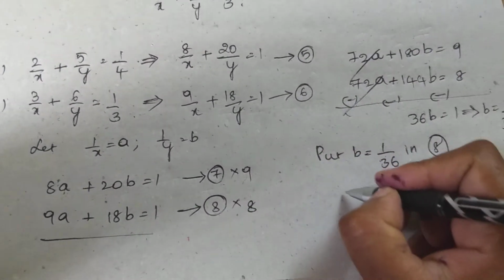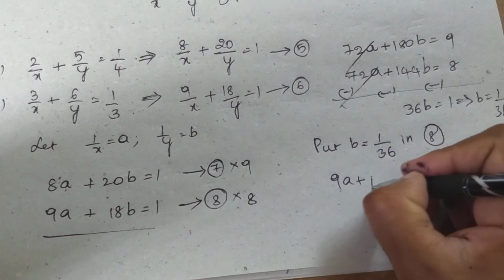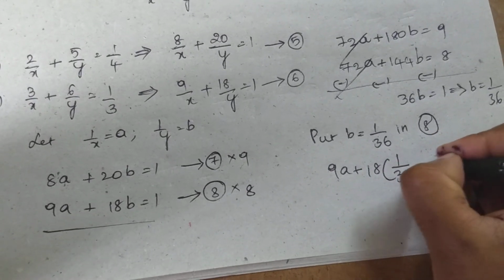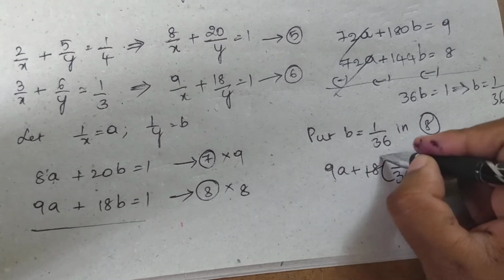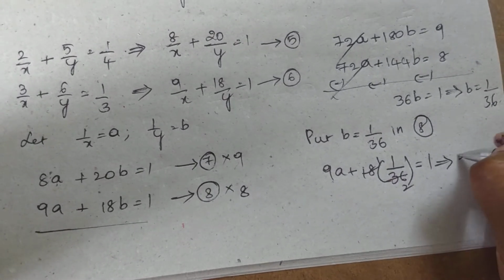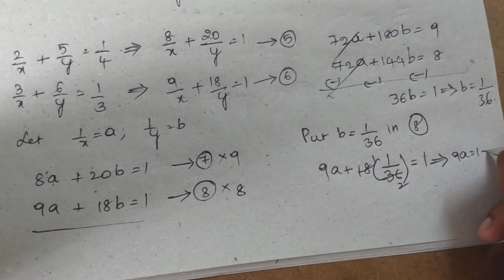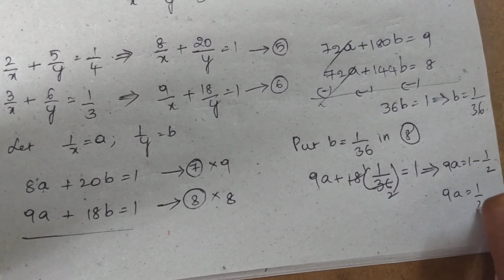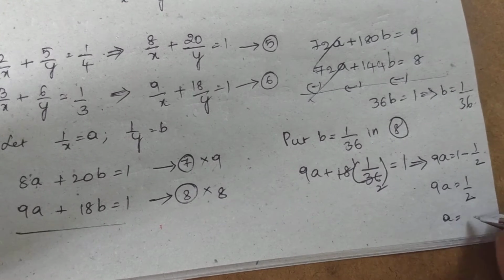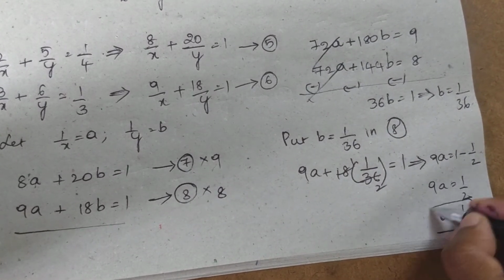What do we get? 9a plus 18 into 1 by 36 equals 1. So 9a equals 1 minus 1 by 2, so 9a equals 1 by 2. a equals 1 by 18.